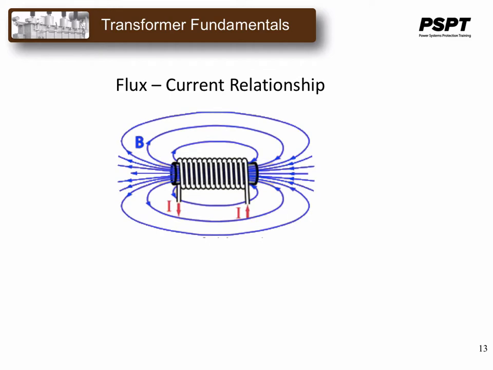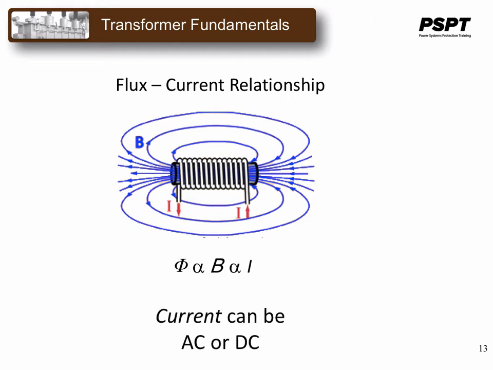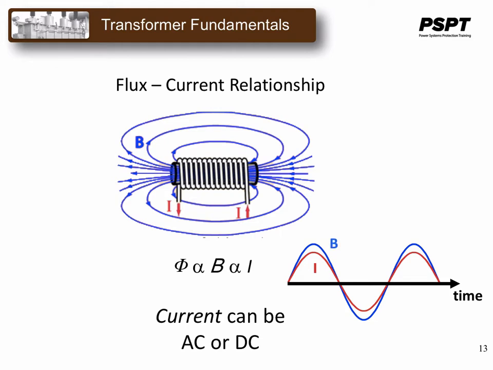Before proceeding, I want to emphasize an important concept to remember. Flux and flux density and the related current are always proportional, regardless of whether that current is AC or DC. When flux and flux density are zero, the related current is zero.